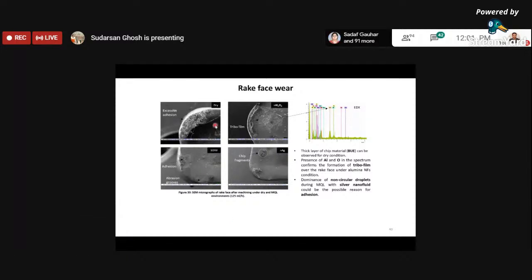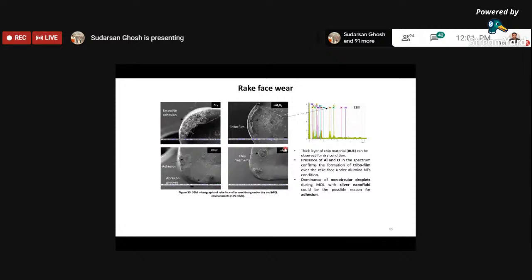So here again, you see in the dry condition, a lot of adhesion is taking place, and for the sunflower oil conditions as well. For the alumina, again, the tribofilm layer was formed, which has helped, and this has again been proved by the EDX method.